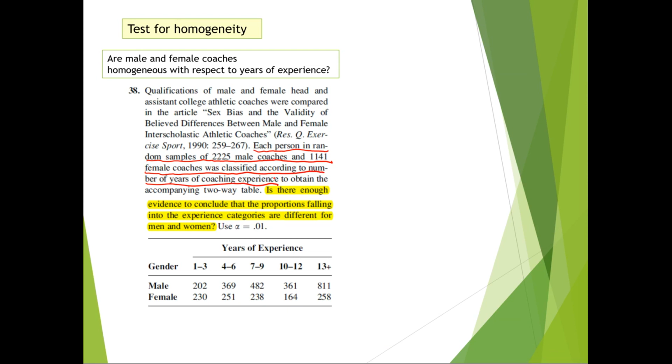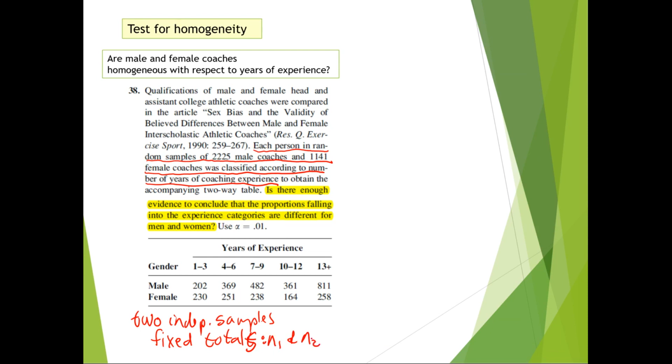So what's important to see here is we have two independent samples with fixed totals. Let's say totals N1 and N2.